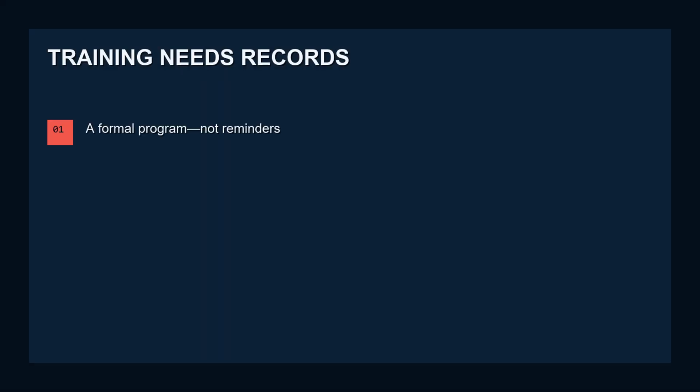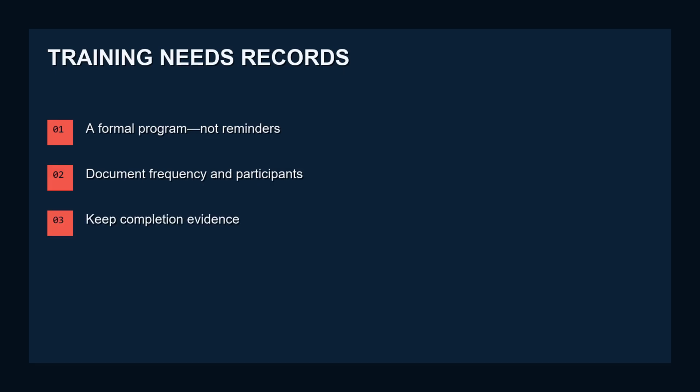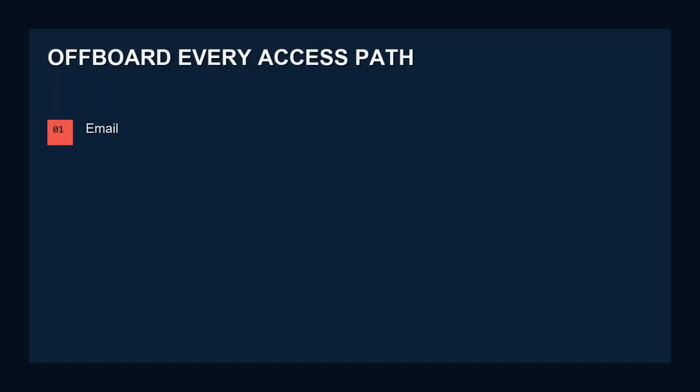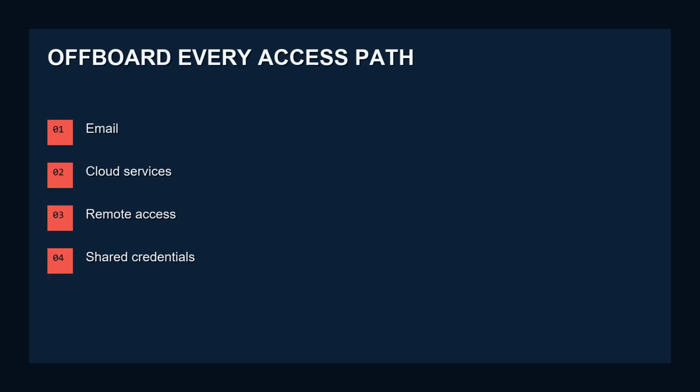Do not convert an occasional email reminder into formal training programs on the application. Finally, offboarding questions test whether access disappears when a person leaves. That includes email, cloud services, remote access, shared credentials, and third-party platforms. One forgotten account can invalidate an otherwise confident answer.